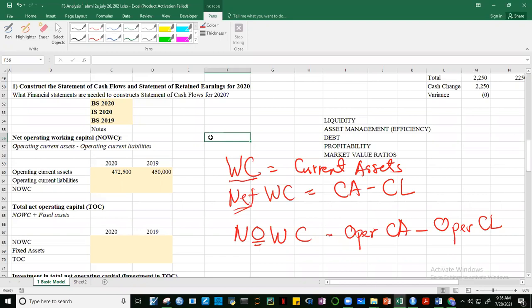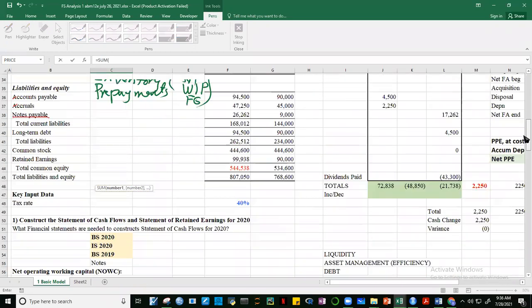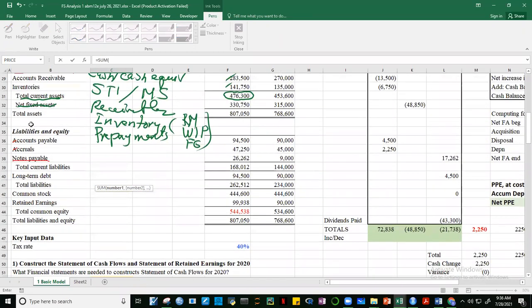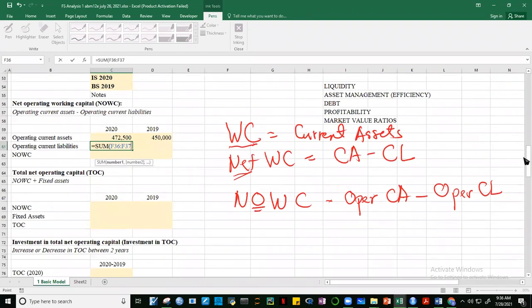And then, how about our operating current liabilities? Again, we sum this up. Dalawa lang yung operating current liabilities natin, which is accounts payable and accruals. Hindi kasama si notes payable. Okay? And could we also copy this to the right? Yes. Okay, good.